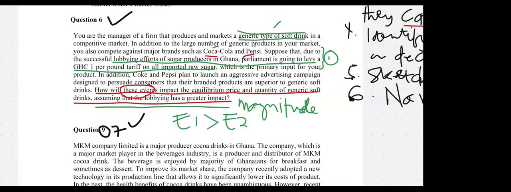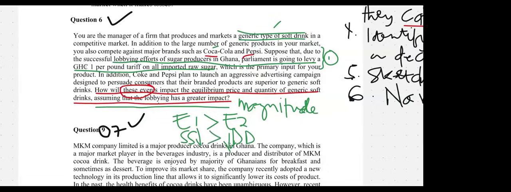Is that correct? Good. And the lobbying, which is event 1, takes the supply. So the supply is decreasing, and event 2 goes with the demand. The demand is also decreasing.